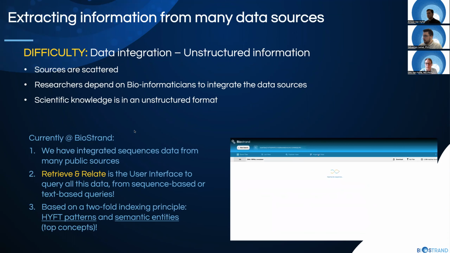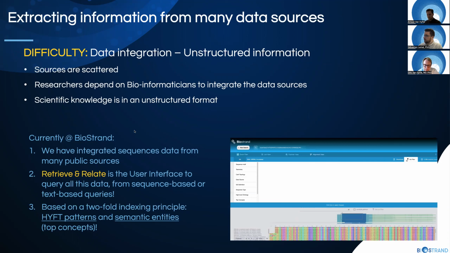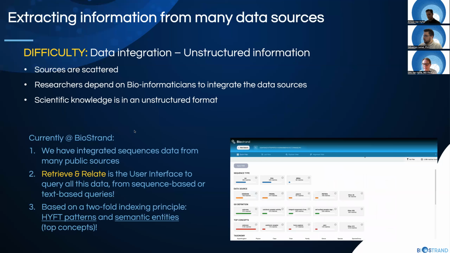You see that on the right part of our screen, where you can see our platform in action. You can start off from a sequence and then immediately look where the same sequence or similar sequences are in different data sources. Also important is that you can see quite a lot of metadata that is associated with this sequence. And in our platform, you can really slice and dice that data.